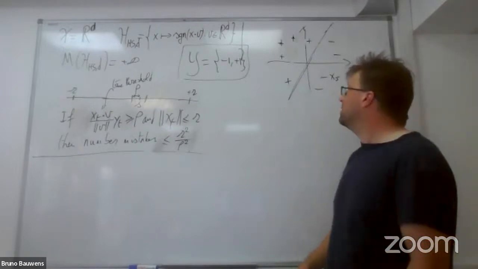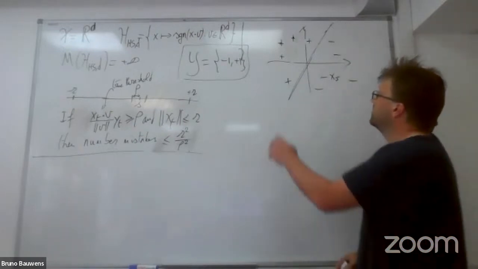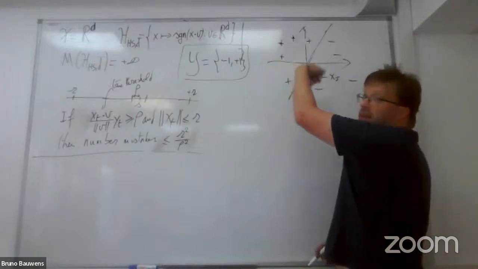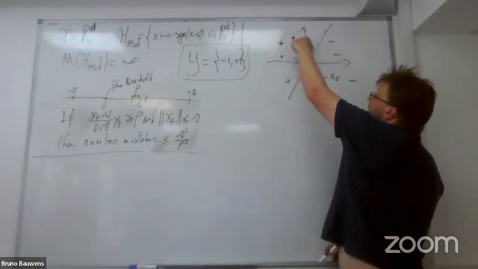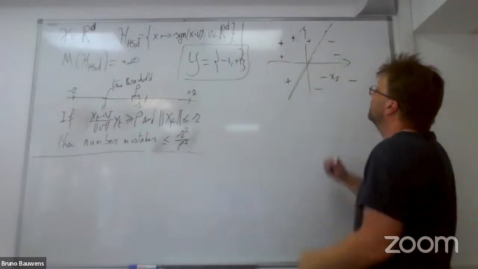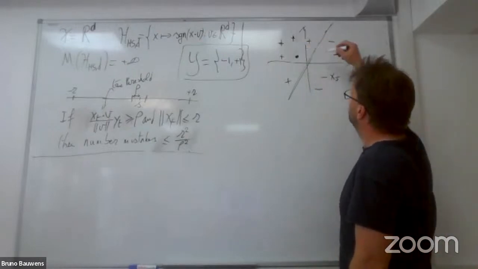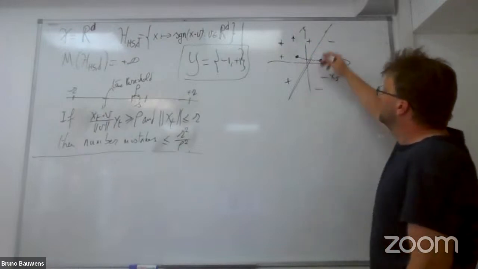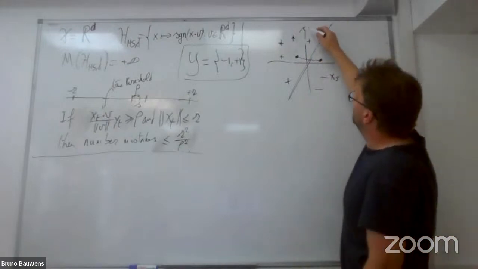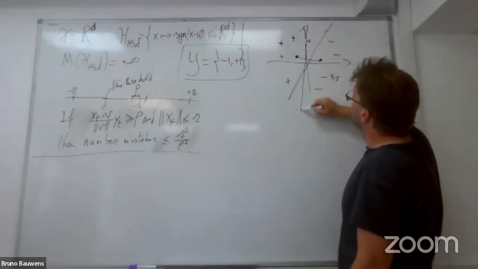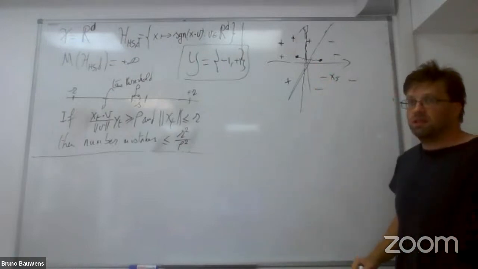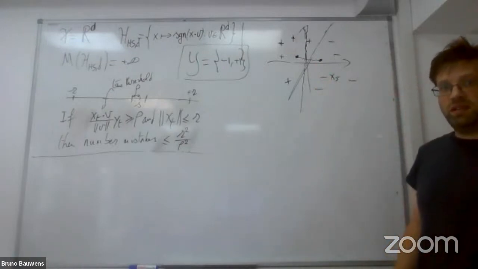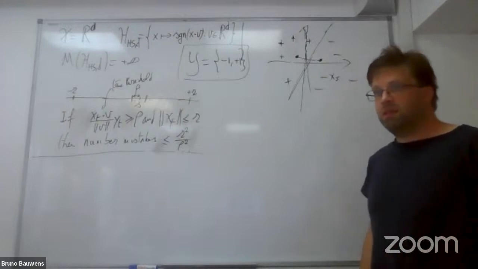A naive algorithm would be to take the center of gravity, the mean of all the positive labels and the mean of all negative labels. That's probably here somewhere, and that's somewhere here, and then get a plane that's orthogonal to this. That's probably something like this. But it's not a good solution.